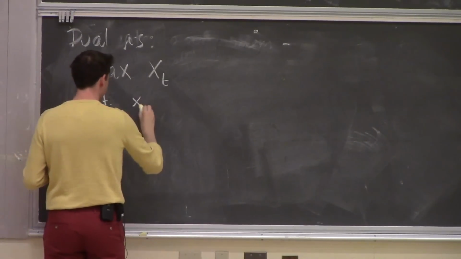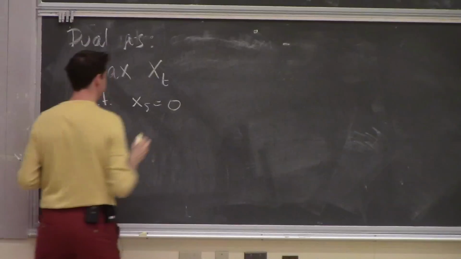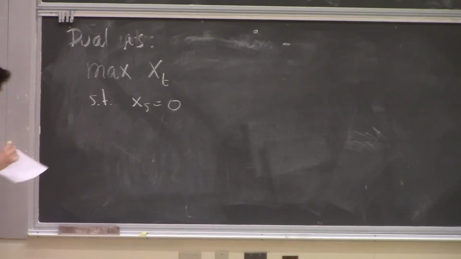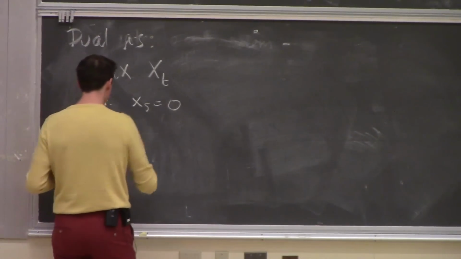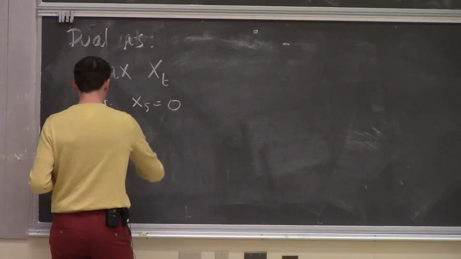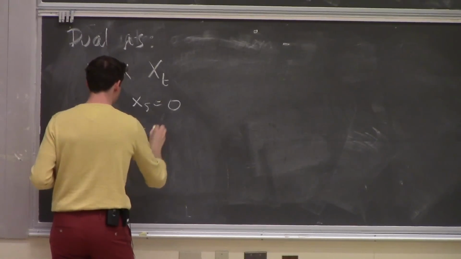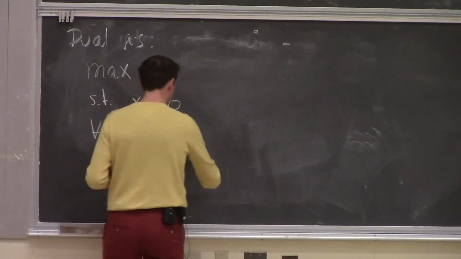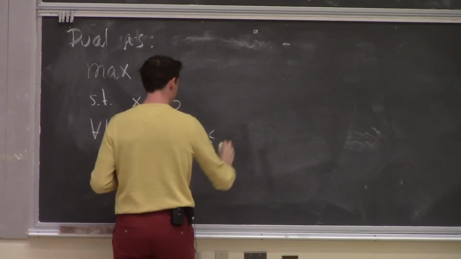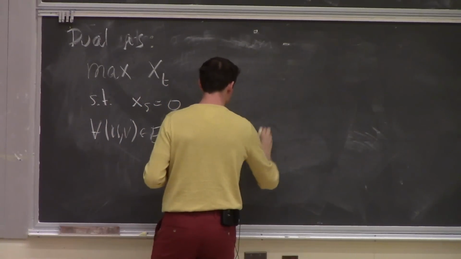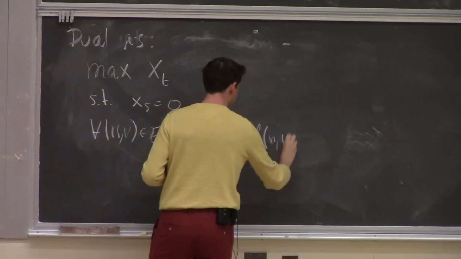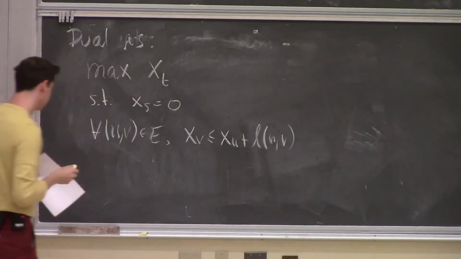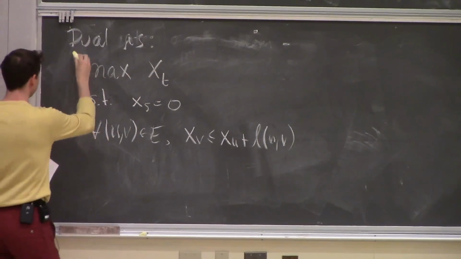The constraints are going to be that the value that we associate to the source is by default 0. And then, for every uv that is an edge, I'm going to say that xv cannot be more than xu plus L of uv. Okay, that's the entire linear program.